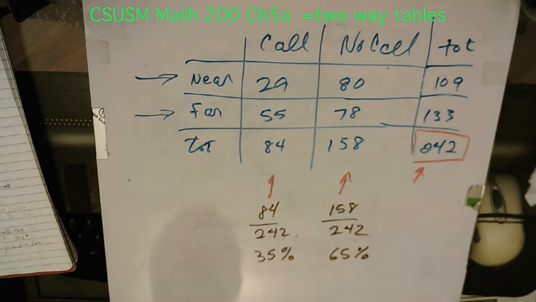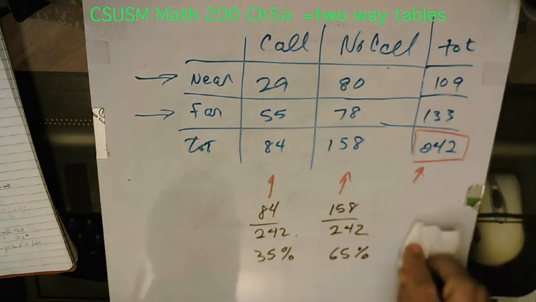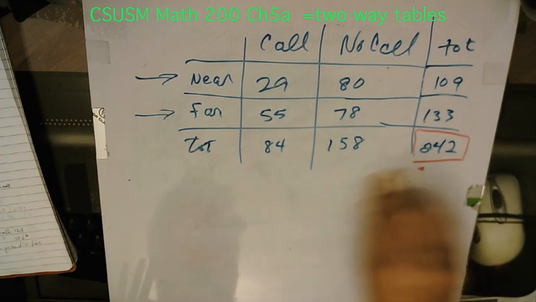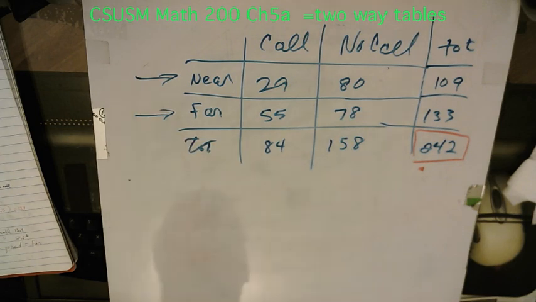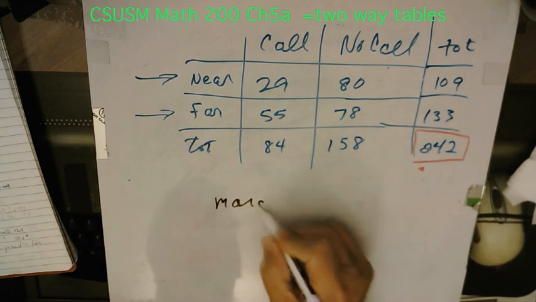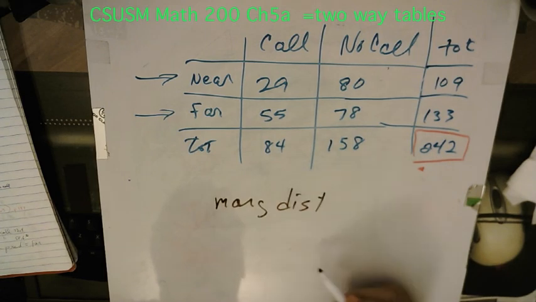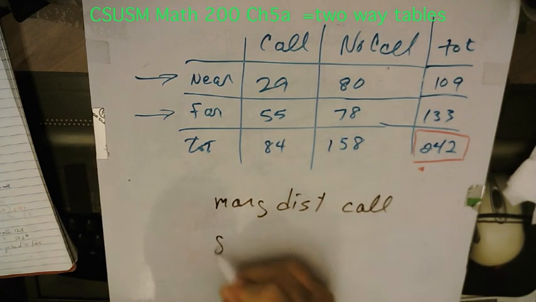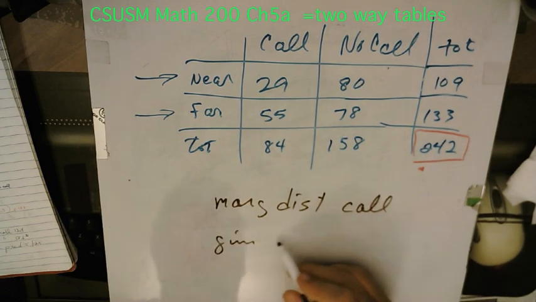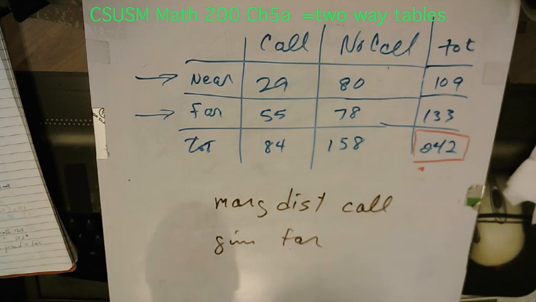Now, if you asked for a conditional distribution, or you wanted to analyze this and say, well, what is the likelihood based on the nearness or proximity? Given some proximity, either near or far, what would be the distribution of a prairie dog making a call given that the predator was still far away?